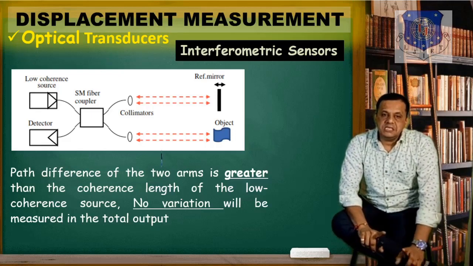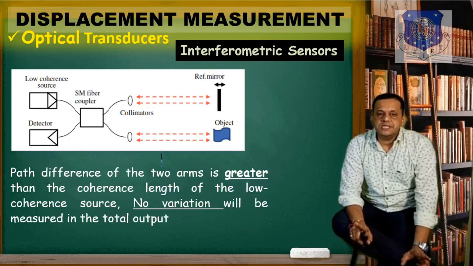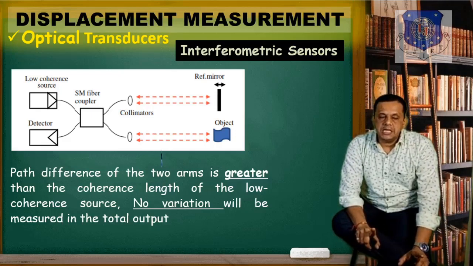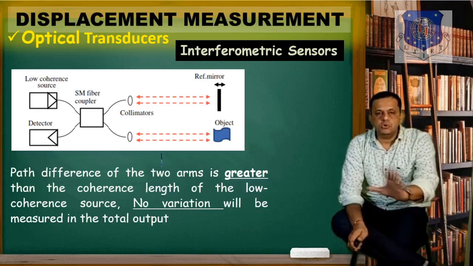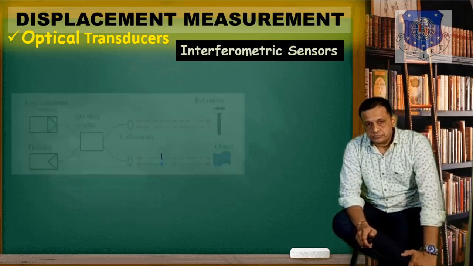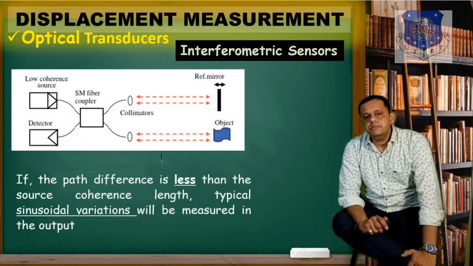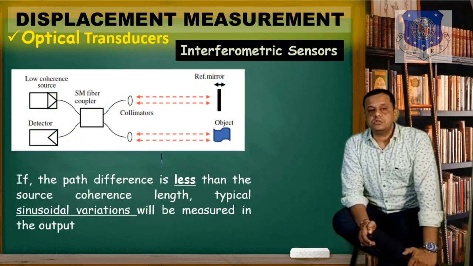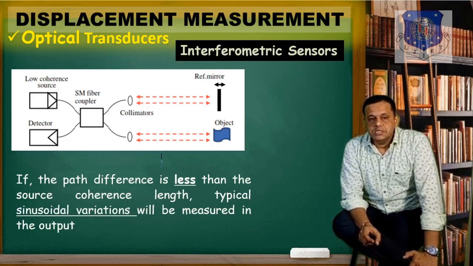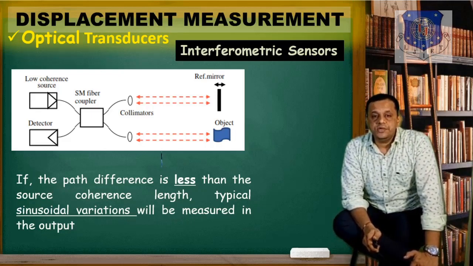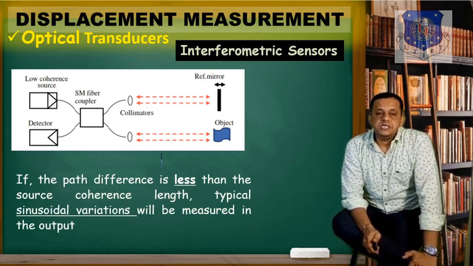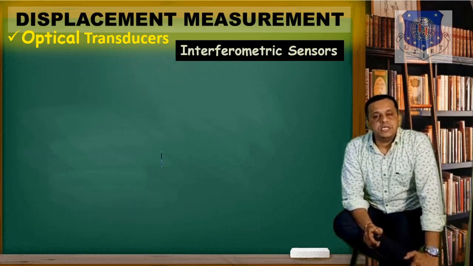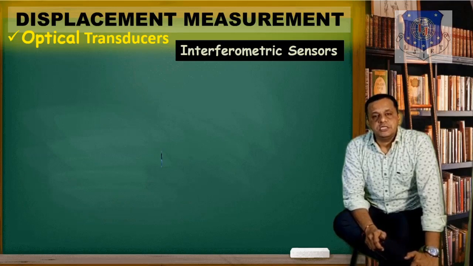If the path difference is greater than the coherence length, then there will be no variation in the total output, so there will be no change in the distance. With the same arrangement, if the path difference is less than the source coherence length, a typical sinusoidal variation will be measured in the output, and this will tell you the displacement change.